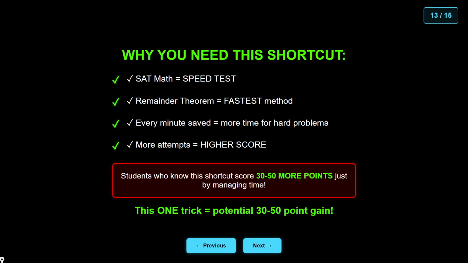Students who know this one shortcut often score 30 to 50 more points on SAT by just managing their time better. This one trick, 30 to 50 point gain. This is exactly what separates the students who score high from students who score less.